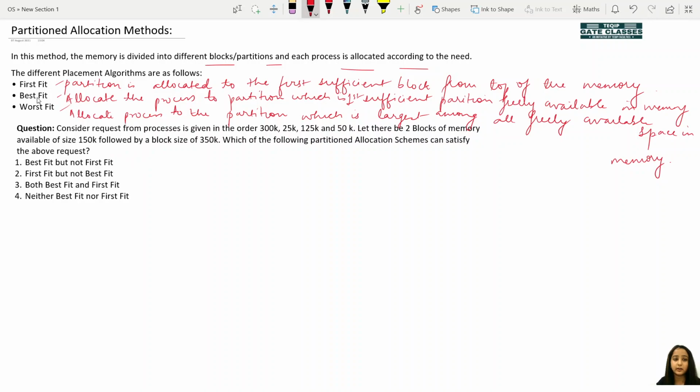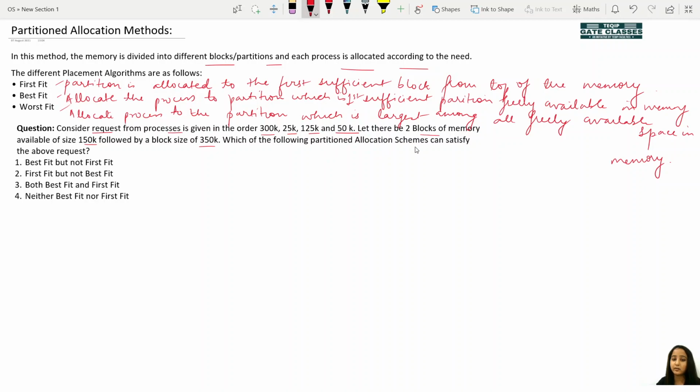So let us understand these different placement algorithms with the help of an example. Consider that requests from the processes are given in the order 300k, 25k, 125k and 50k. This is the order of the processes. Let there be two blocks of memory, of size 150k followed by a block of size 350k.